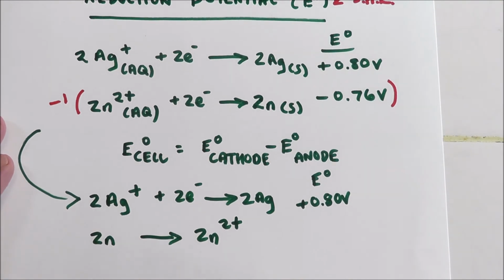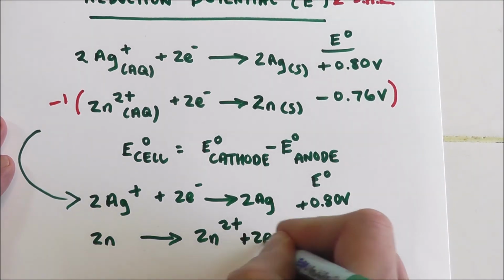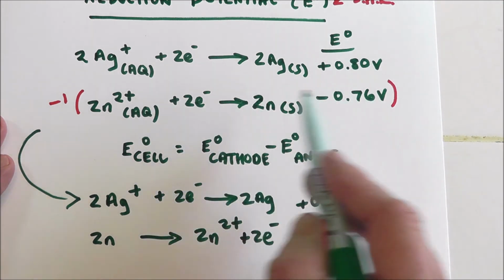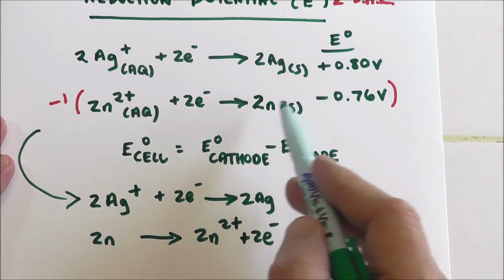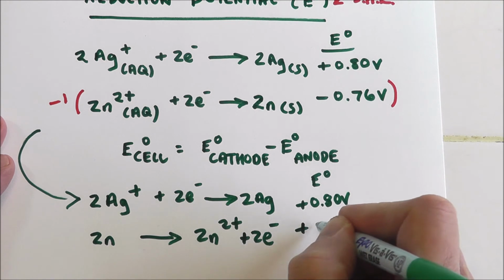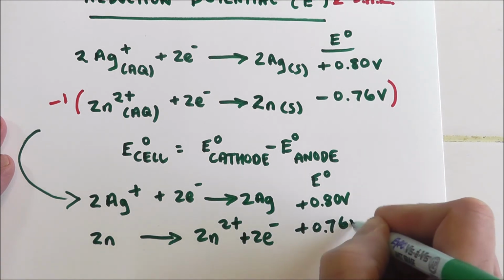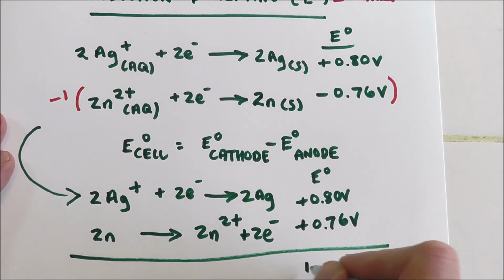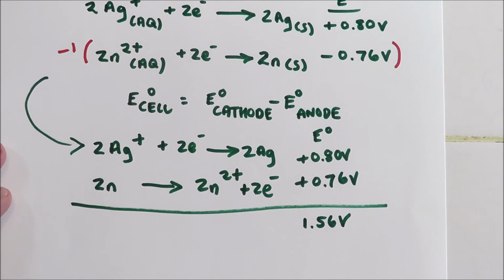All right, and because I turned this around just like a delta H or whatever thermodynamic property, that inverts the sign. And now you can add these together and there's your 1.56 volts, ladies and gentlemen.